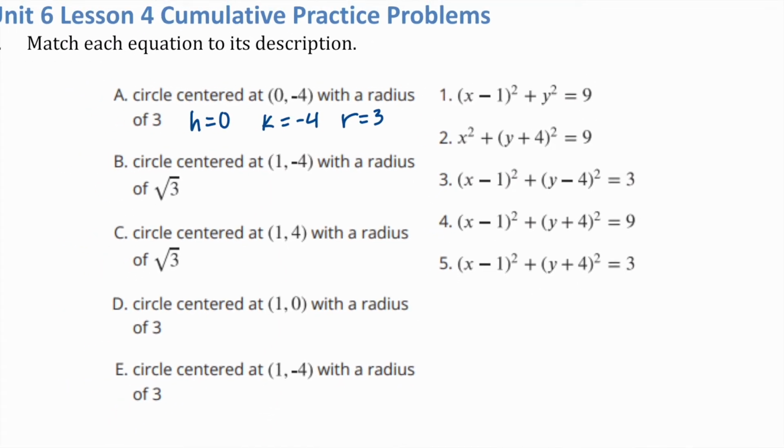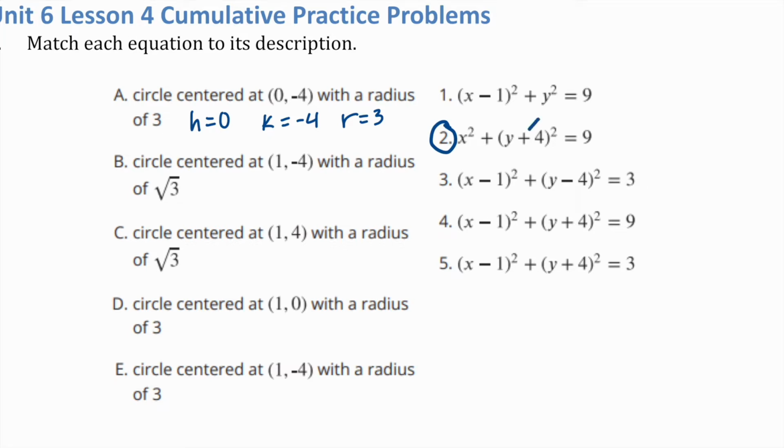I don't have a ton of space in between, so I'm just going to write the number on the left-hand side that goes along with it, and circle or cross things out as I go to indicate I've matched something. So a circle centered at (0, -4): x plus 0 squared is really just x squared. So that's option number 2.